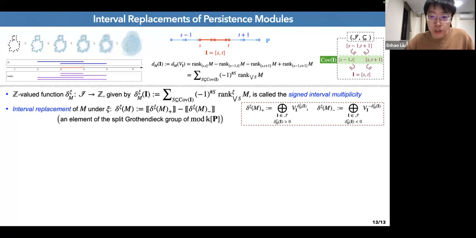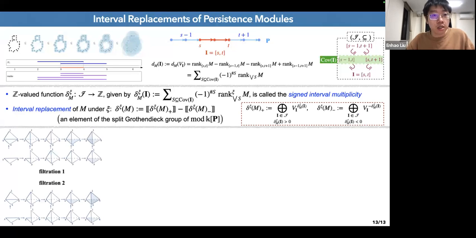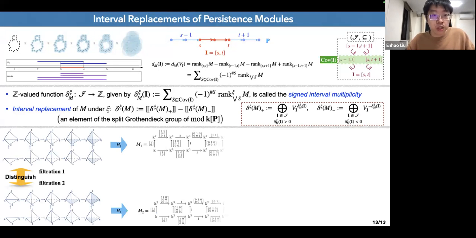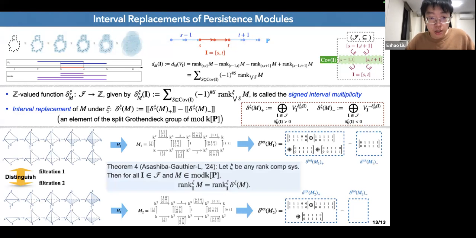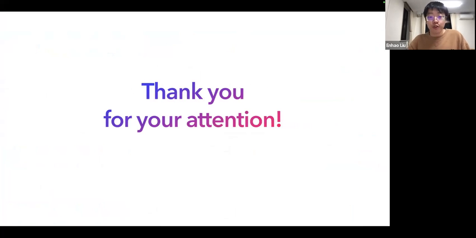I do not have enough time to explain this part, but it gives you another concise invariant which you can use to distinguish the filtrations. Our last theorem says that this interval replacement preserves the interval rank invariant, or the compression multiplicities, so it will not lose any information of the rank invariant. Okay, that's all. Thank you very much for your attention.